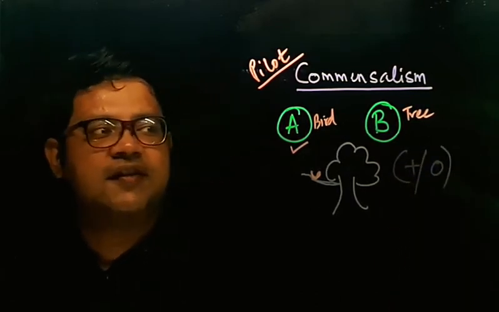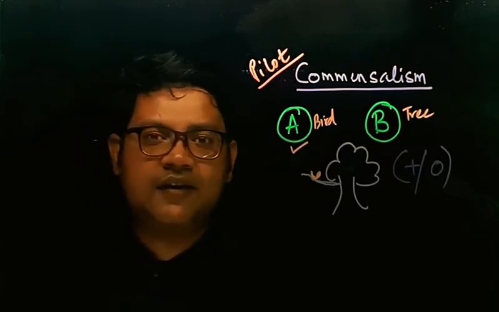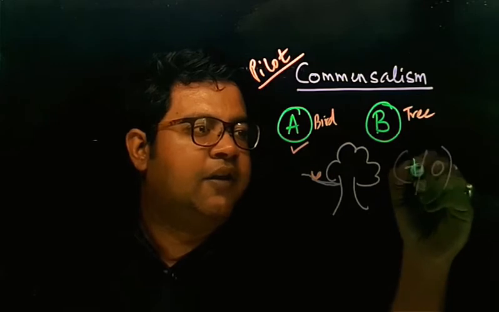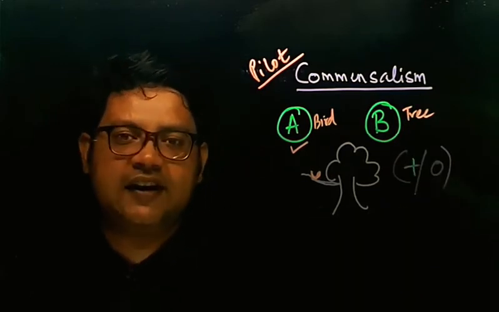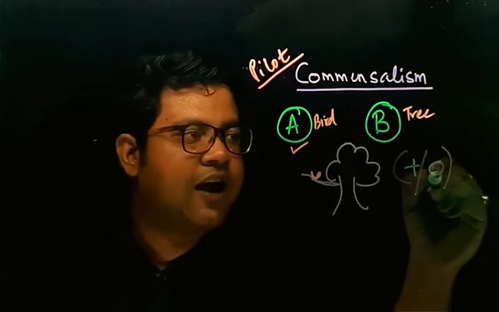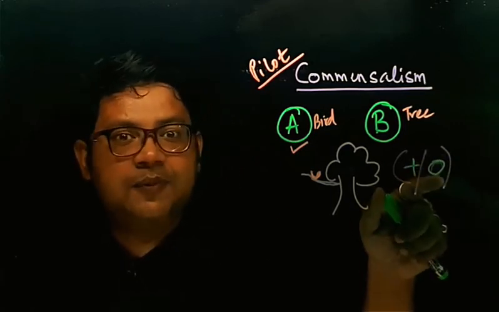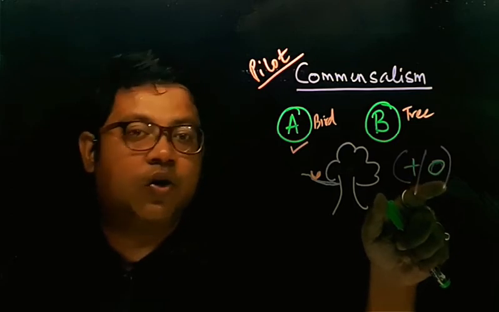Why +/0? Plus means only one of the species is getting benefited. 0 stands for that the other species is neither getting benefited nor getting harmed.